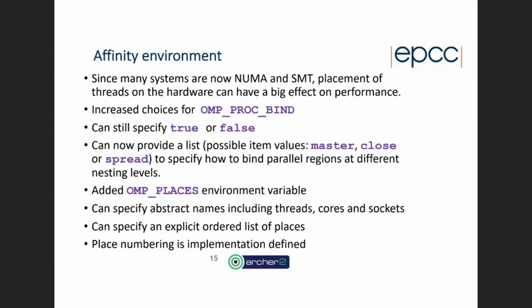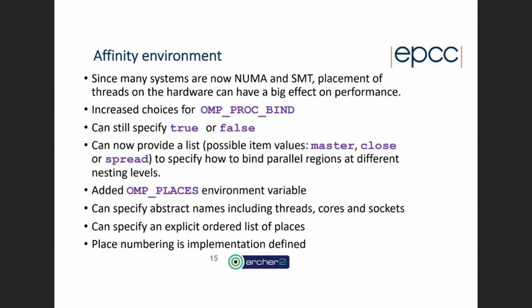If we just have one level of parallelism, then it often doesn't matter too much which thread gets bound to which core. But once we start having nested parallelism, then it starts to be more important. The way this is done is as additional choices for the OMP_PROC_BIND environment variable.